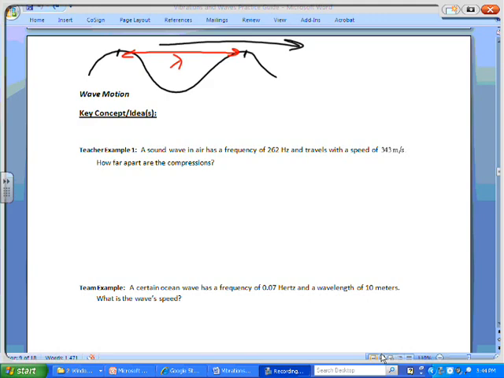Now, as it's moving, it's going to have some speed v or velocity v. And we know that velocity is measured by distance traveled over time. But in terms of a wave, when we move one cycle, the amount of distance that we've traveled in a wave is just one wavelength.